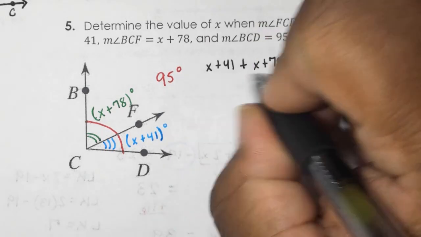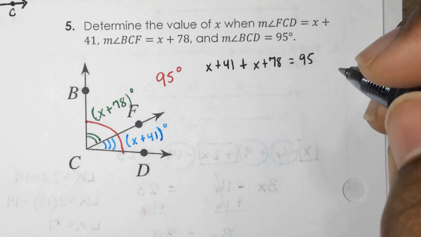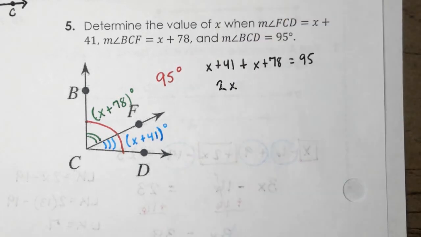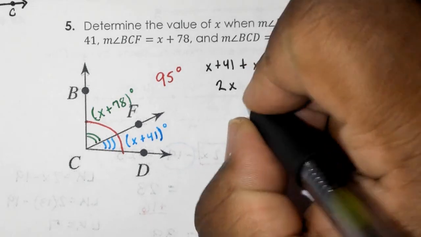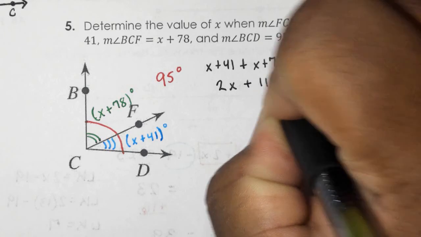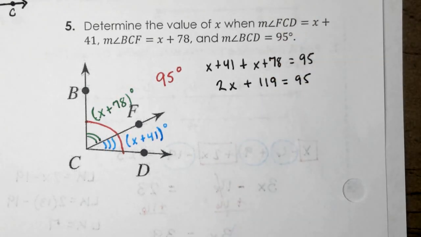The like terms, I'm not even gonna box on this one because my terms are so easy. x and x, 2x, 41 and 78. Just double check on here. I don't want to mess up. It's late and I'm gonna be tripping. 119. 2x plus 119 equals 95. Alright.